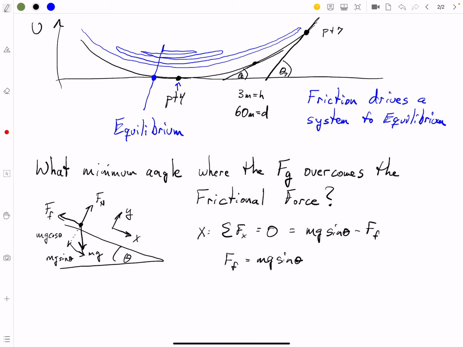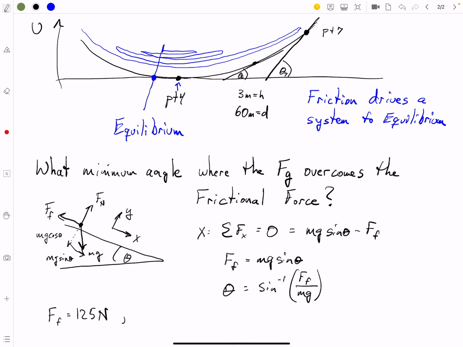We end up with theta equals the arc sine of our force of friction divided by mg. So what is that? We had our first force of friction, 125 newtons.